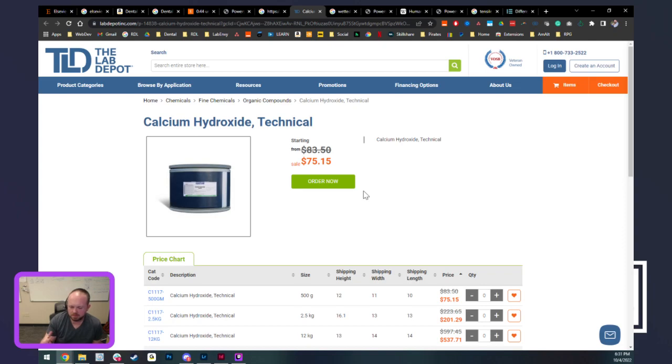The alginate. Is calcium hydroxide alginate?